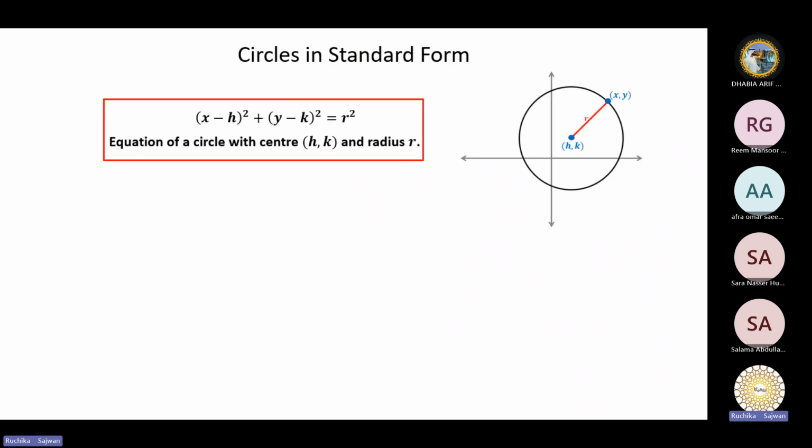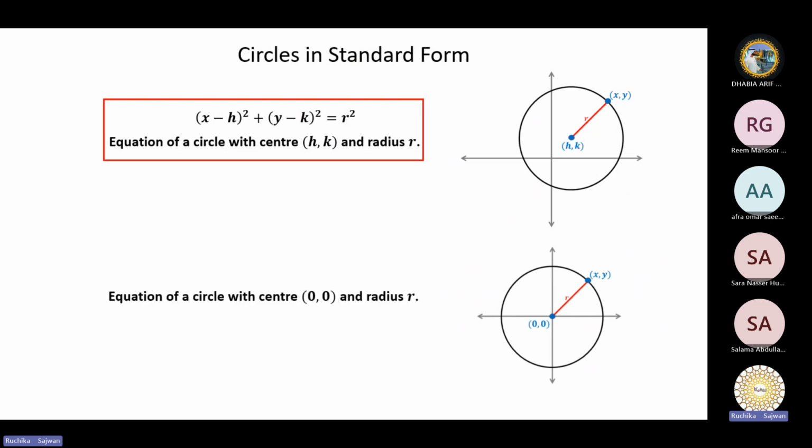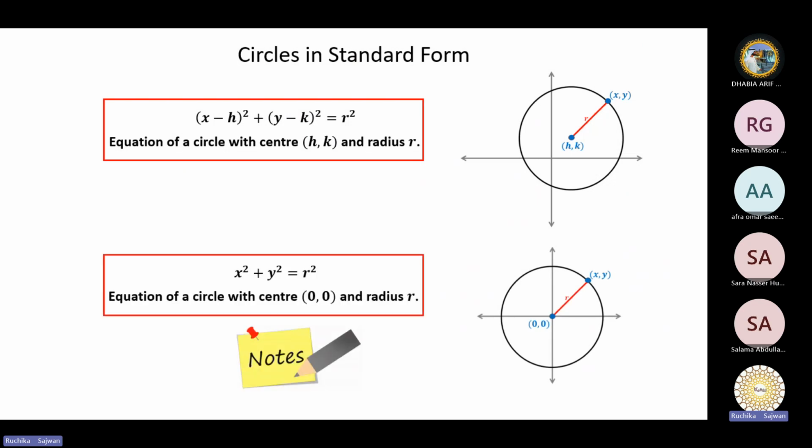Okay, so this is the equation. We know this is the equation of the circle in the standard form. However, if the center is given to be the origin, meaning if the center is here, can you see this picture? The difference between the two pictures is that in the first one, the center is not at 0, 0. It is any coordinate h comma k. In that case, you will use this first formula.